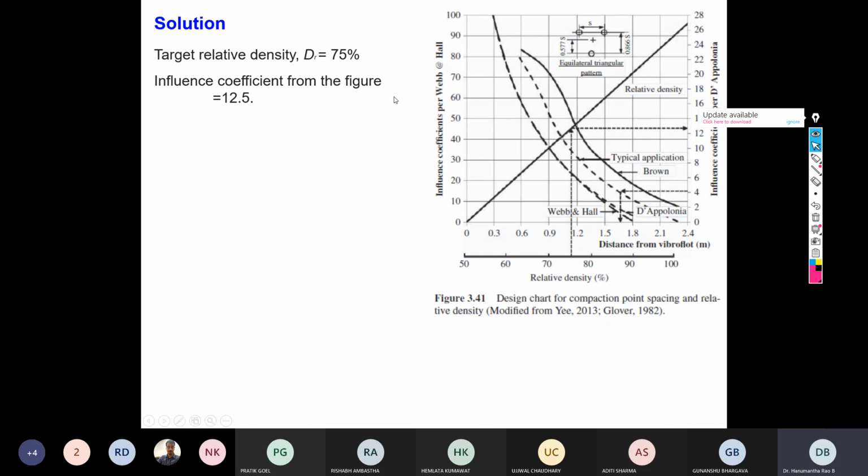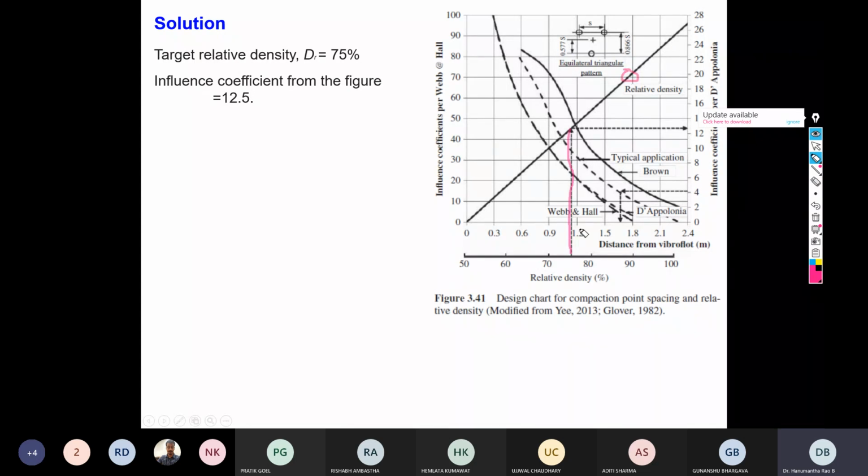Then the influence coefficient from the figure. Select Dr, that is 75%. So draw a vertical line onto the relative density line. This diagonal line is nothing but the relative density line.